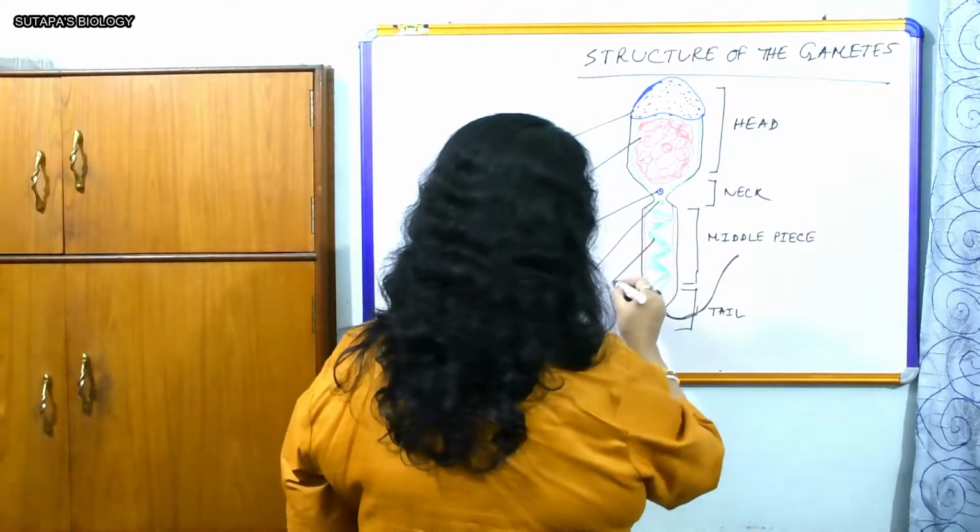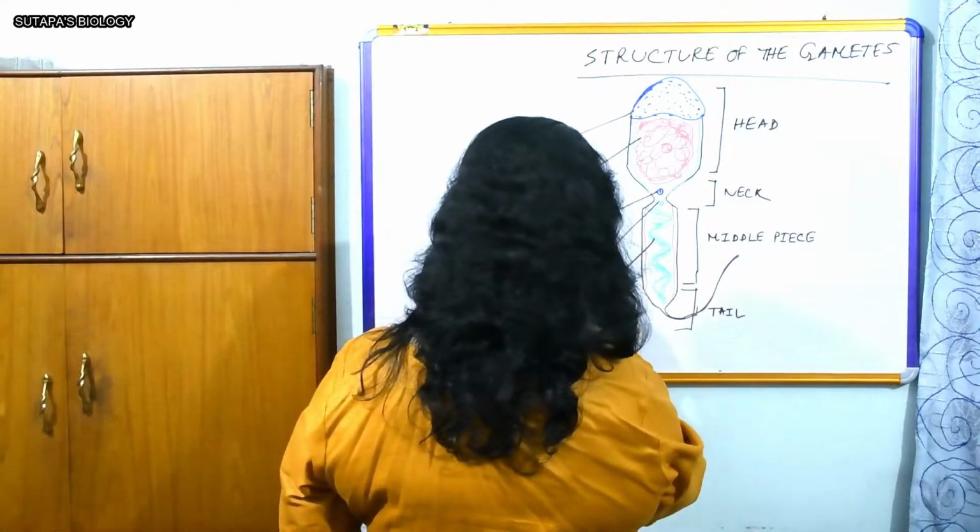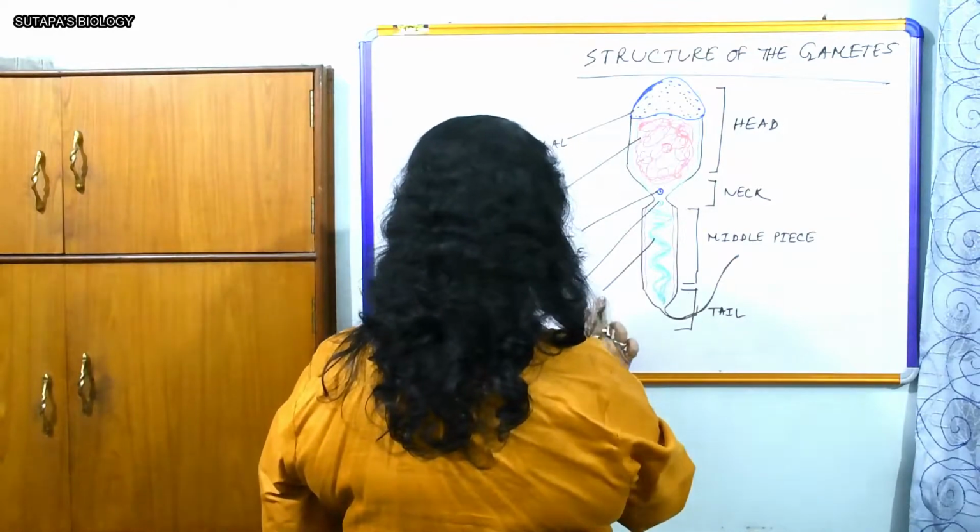This is the ribbon of the mitochondria, known as Nebenkern sheath, mitochondrial ribbon.